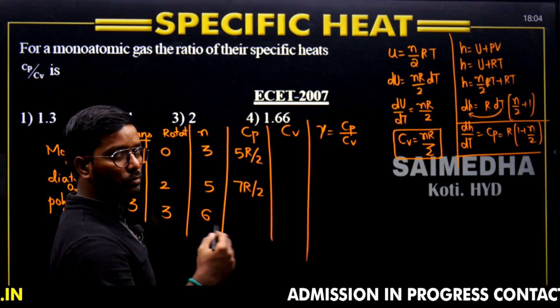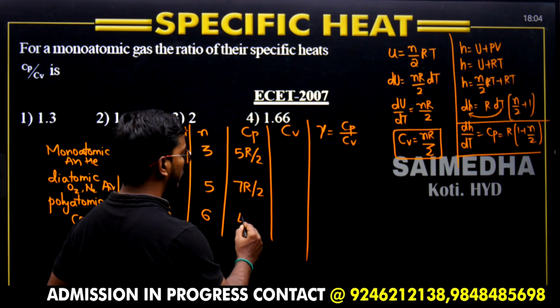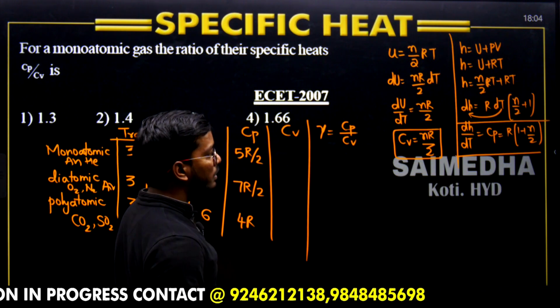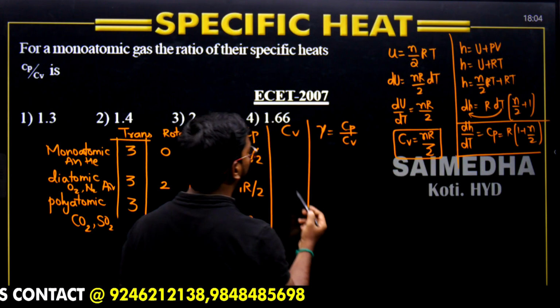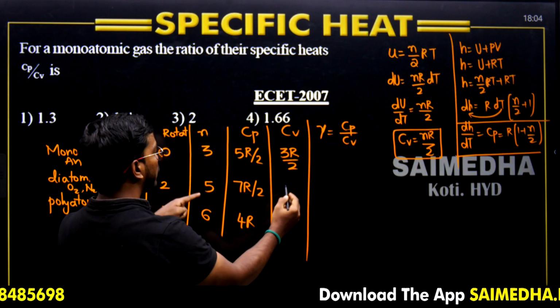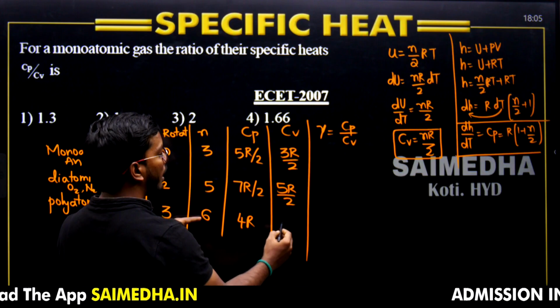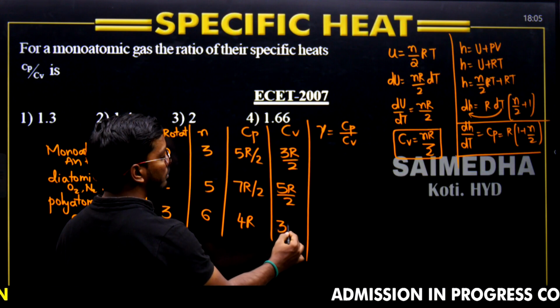For N is 6, 1 plus 6 by 2, 6 by 2 is 3, 1 plus 3, 4. So, this is 4R. Similarly, Cv formula NR by 2. For N is 3, this is 3R by 2, N is 5, this is 5R by 2, N is 6, 6R by 2, 6 by 2 is 3, so this is 3R.